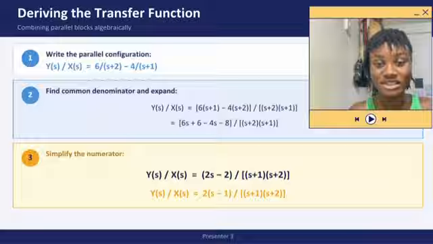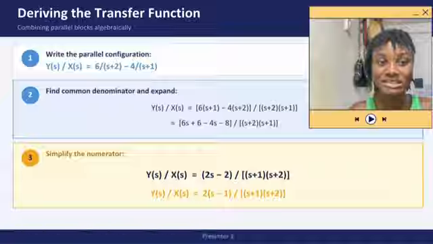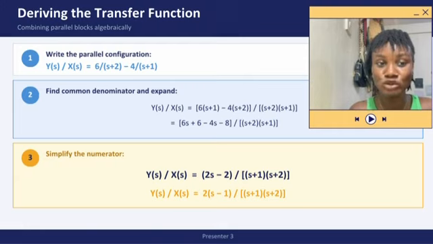We then move on to the next step, which is to now simplify the numerator. So in simplifying the numerator, we have 6s minus 4s giving us 2s, and 6 minus 8 giving us negative 2. So our numerator now becomes 2s - 2, which we then can factor 2 out, giving us 2(s-1).